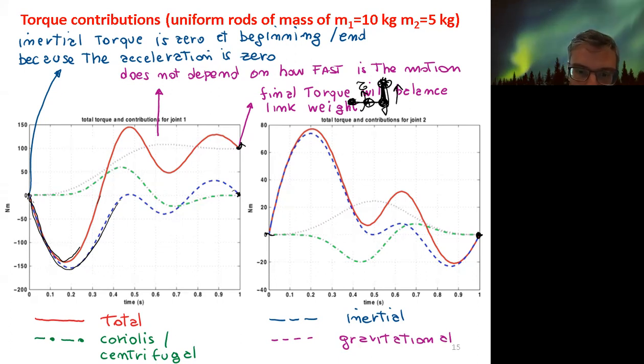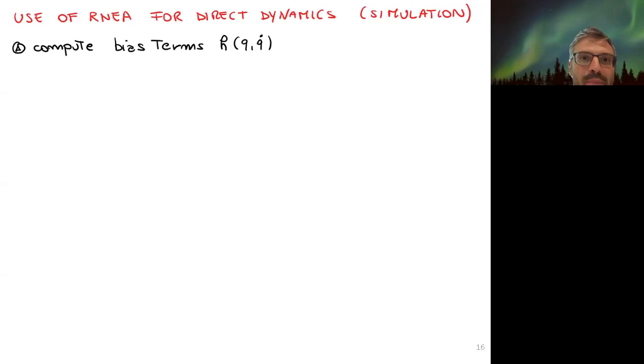So to do these plots, we need to do the following. We compute the bias terms, both the Coriolis and the gravity term, in the way that I showed you before.